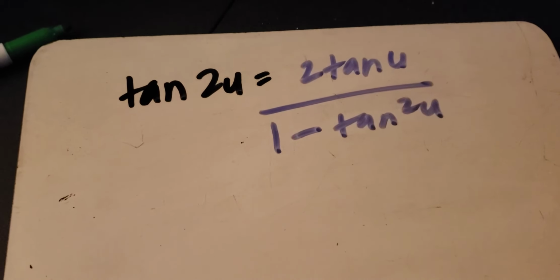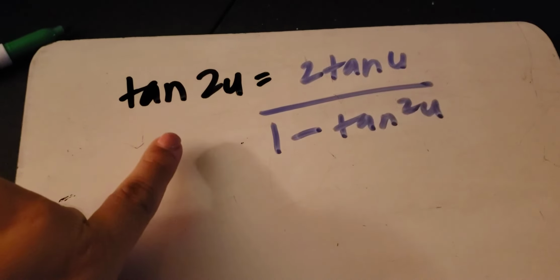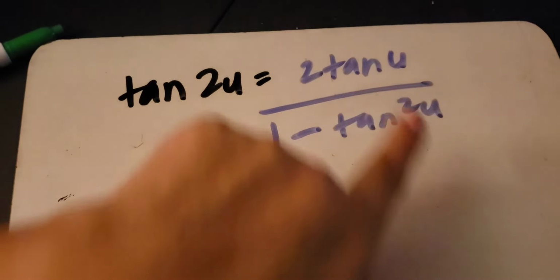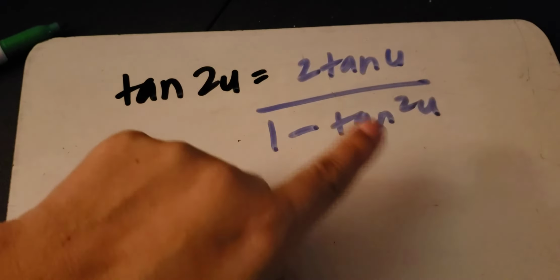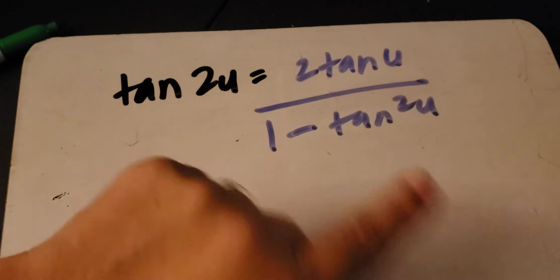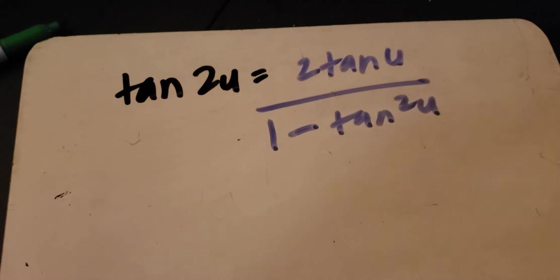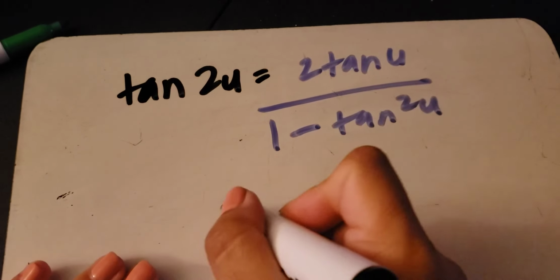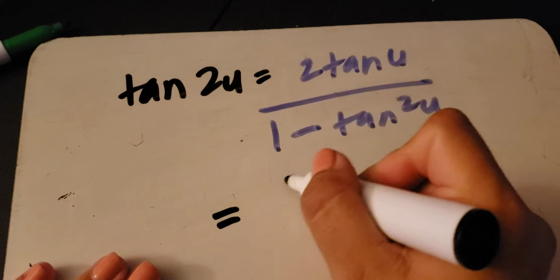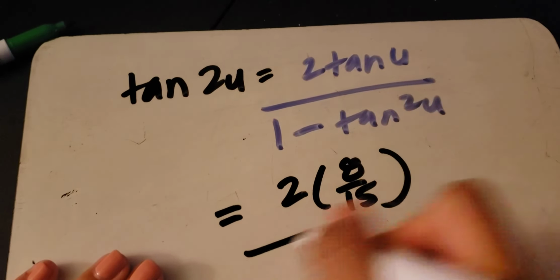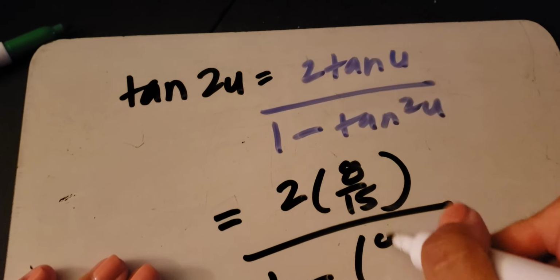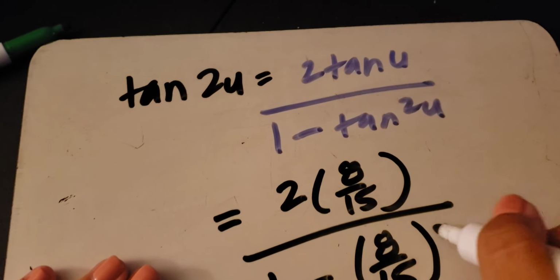Okay, for the last identity, they want us to solve for tangent of 2u. So for this one, there's only one double angle formula. So it's 2 tangent of u over 1 minus tangent squared of u. And of course, tangent was given to us, so we're just going to replace that. So this would be 2 times 8 over 15 over 1 minus 8 over 15 squared.